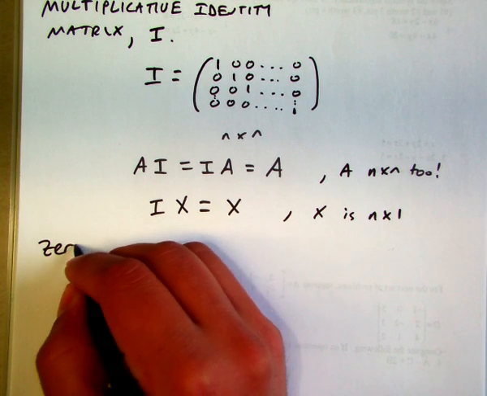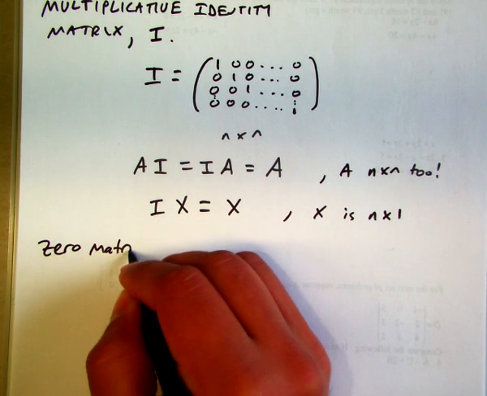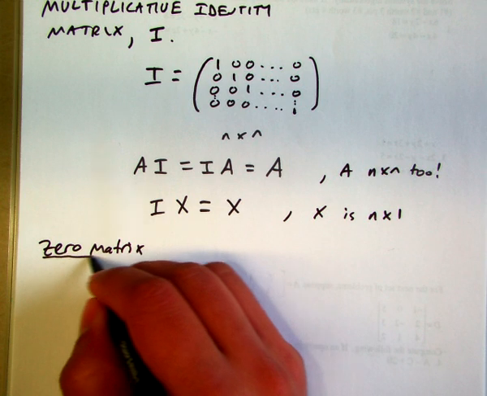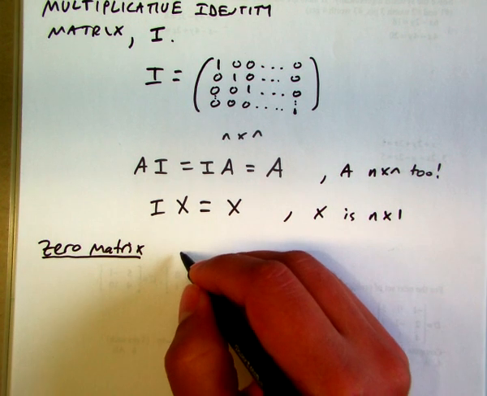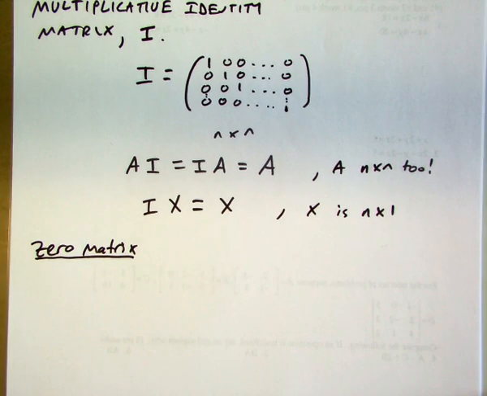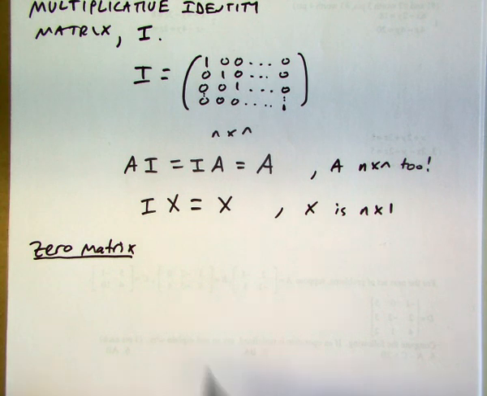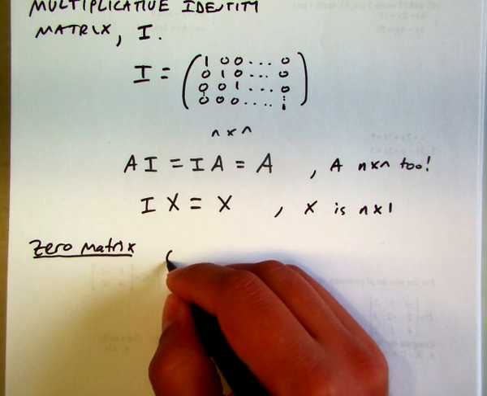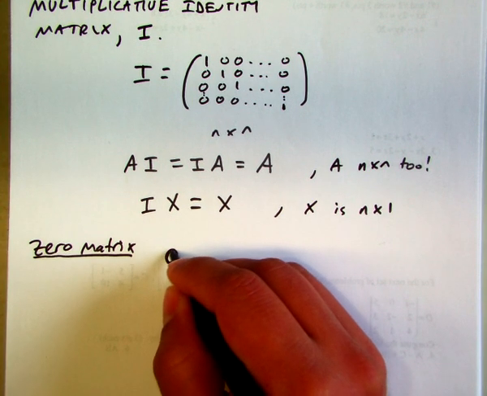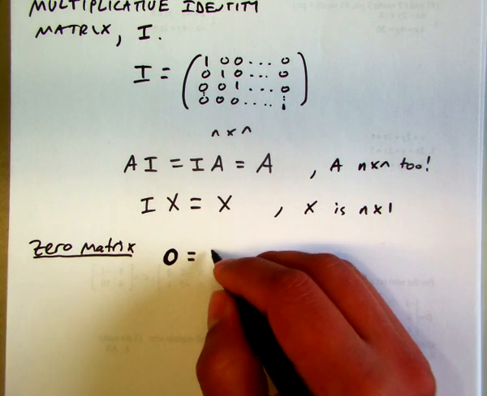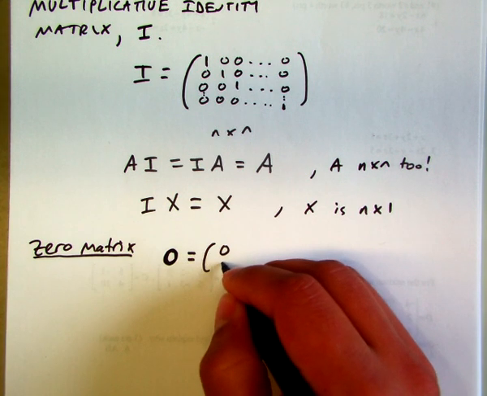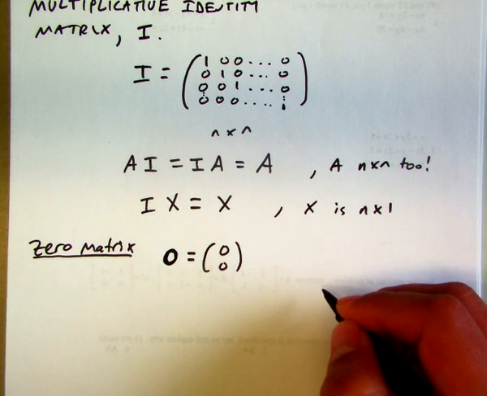Nothing too fancy yet. Okay, a zero matrix. Along the same lines as what our Calc 3 textbook did with vectors, sometimes you'll see a bold 0, which will indicate that we have a matrix with zeros for all the entries.